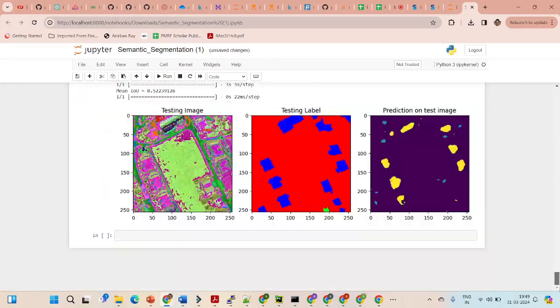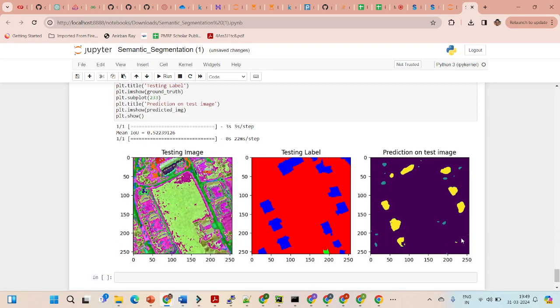Okay, so the thing was like this. This is the image given, and what I had to produce is the label. This is supervised data, so the label was also there. Some is tree area, some is grass or something. And this is what my model has been able to predict.